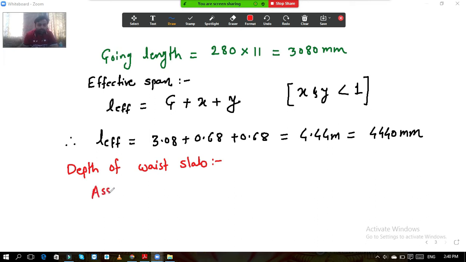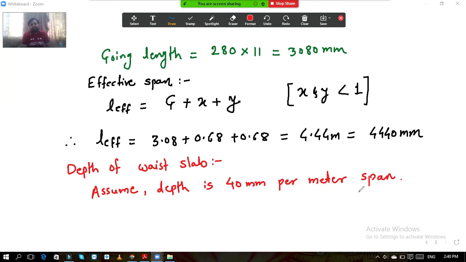We assume depth is 40 mm per meter span. This is our assumption. Later on we will take the check for depth. Right now we have assumed it. Assume depth is 40 mm per meter span that we have assumed.